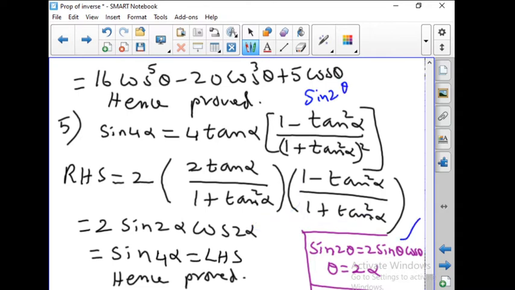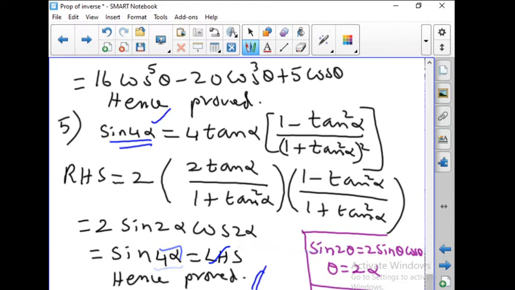So what is theta here? Theta is 2 alpha. Therefore, substituting, what do you get? Sin 4 alpha, which gives us the left hand side. Okay, hence we have proved the result.